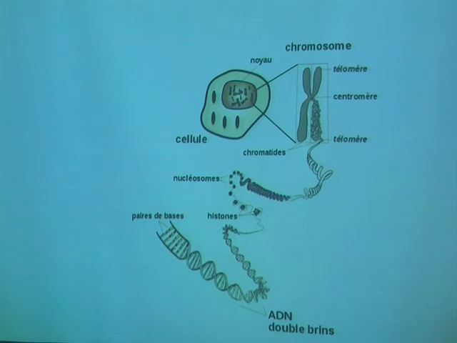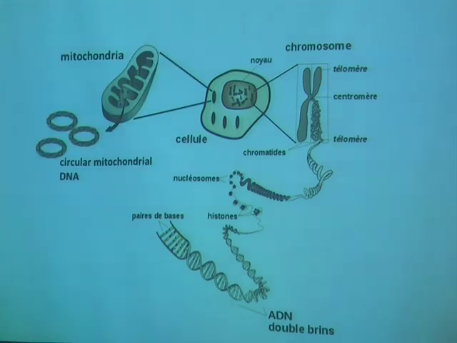Very long stretches of DNA that are composed of so-called nucleotide molecules, or base pairs. These are the well-known A, C, T, G letters, four different nucleotides, put together in these very long DNA stretches.